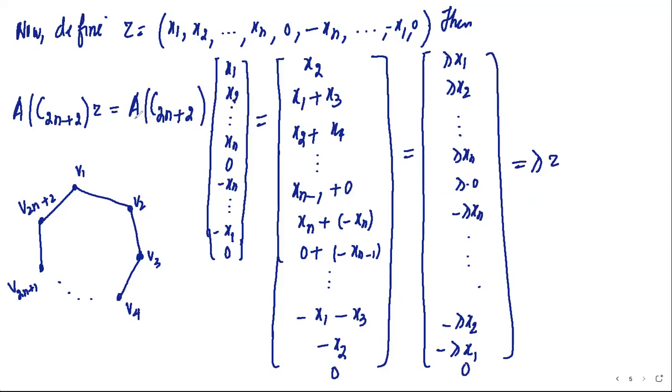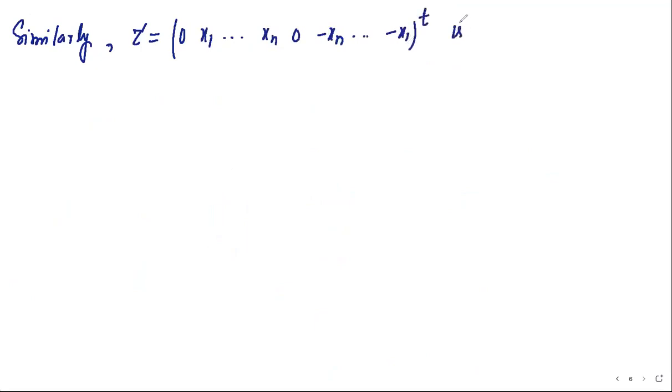So therefore, we have seen that this z is an eigenvector of C2n plus 2, and the corresponding eigenvalue is lambda. Similarly, on similar lines, we can show that z dash, which we define as 0, then x1 through xn, then 0, minus xn through minus x1, transpose, is also an eigenvector of C2n plus 2 corresponding to lambda.